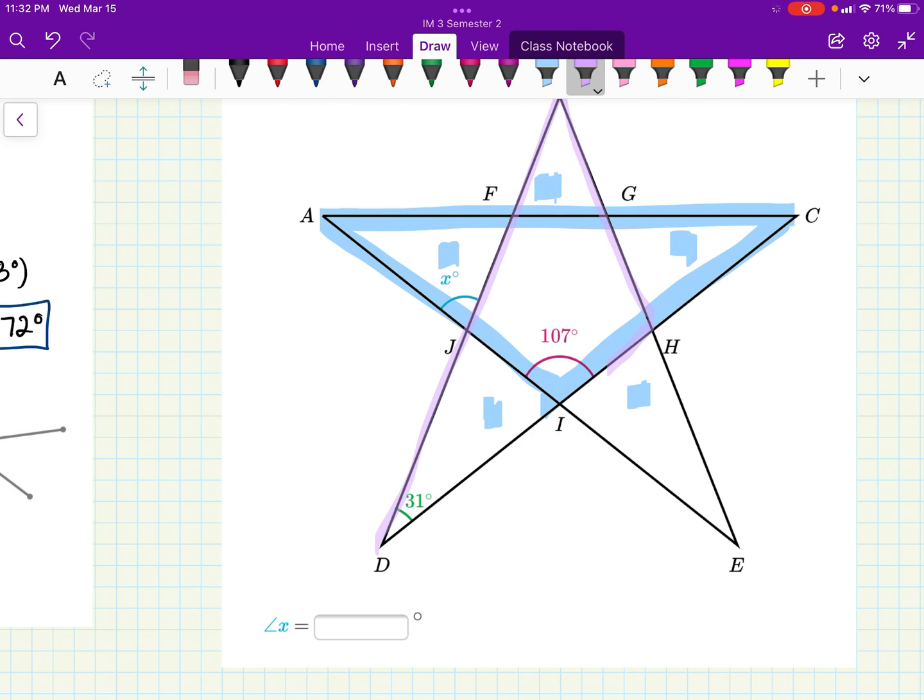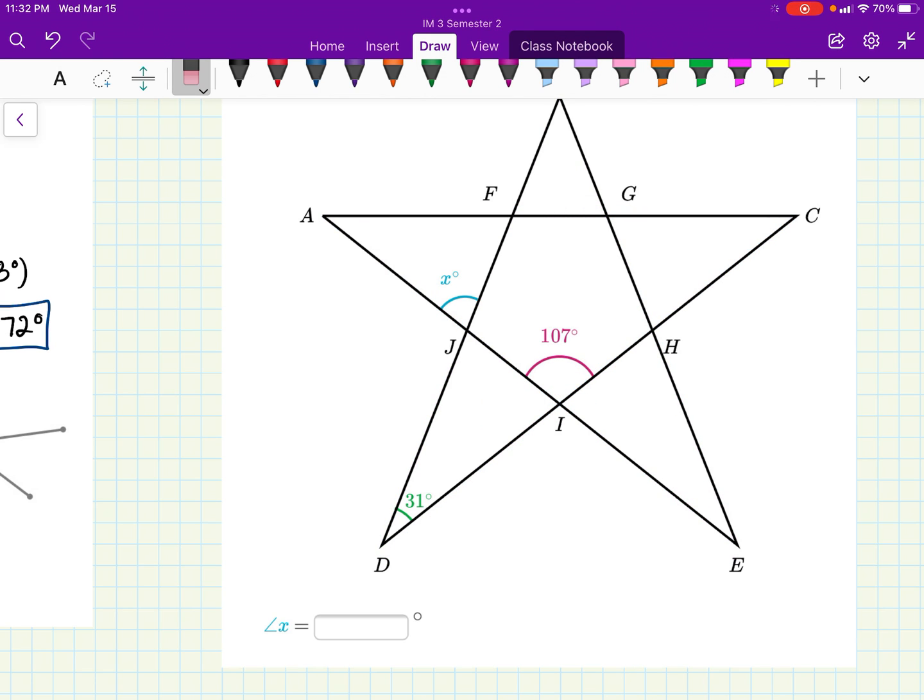I have another one here in purple, right? And then I have another one here. So aside from the original 5, you have a total of 8 different triangles you can work with, all right? So let me just erase that.